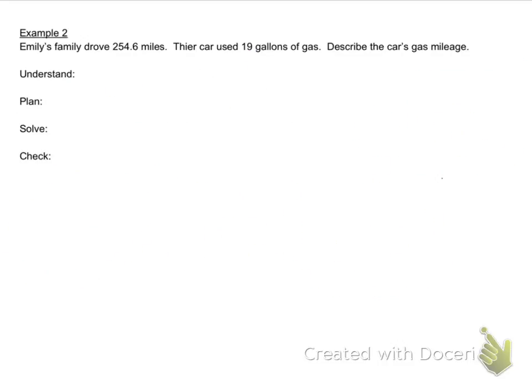This example is Emily's family drove. Oh, that's our problem we kind of just did. Drove 254.6 miles. Their car used 19 gallons of gas. Describe the car's gas mileage. What do we need to understand about this one?